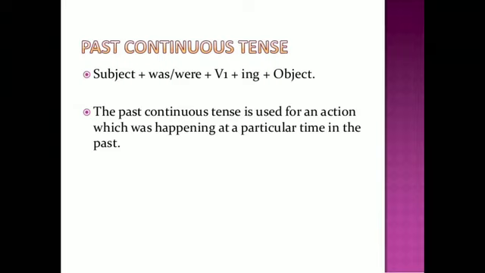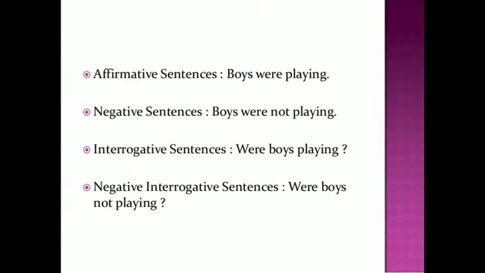For example, I was studying when my friend called on me, or the children were making a noise when the teacher entered the class. So in this tense, we use was, were plus present participle. Now let's go with example. In affirmative sentence, you can form sentence in such a way: boys were playing, girls were playing.